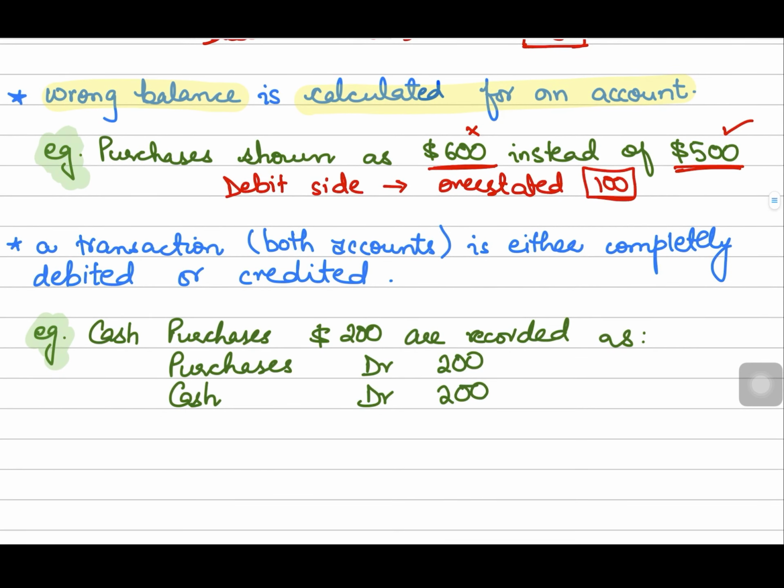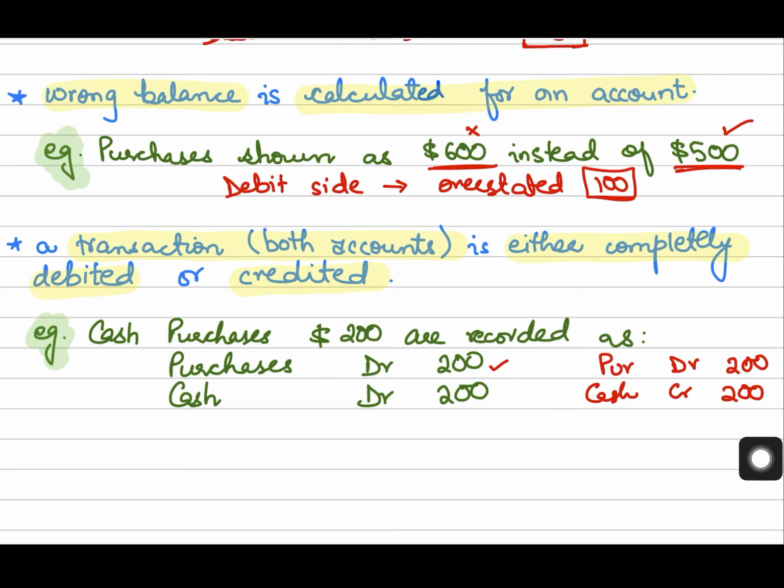Another example would be a transaction that in both the accounts is either completely debited or credited, right? For example, cash purchases 200 are recorded as purchases debit and cash credit. Okay, so how should this have been originally recorded? Purchases should have been debited by 200 as it is being debited right now, and cash should have been credited, right? Cash is decreasing, so it should have been credited. However, we have recorded both the accounts on the debit side.